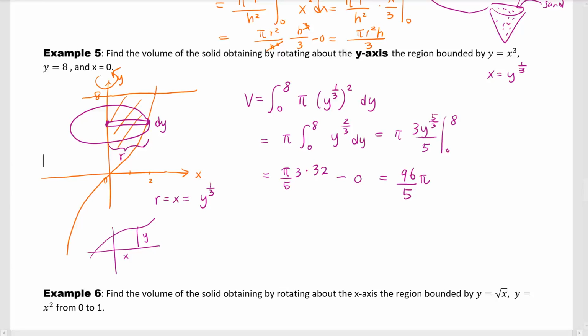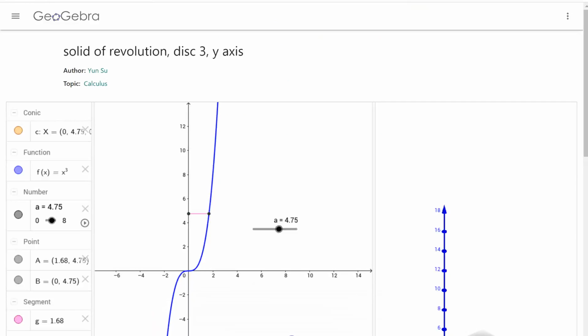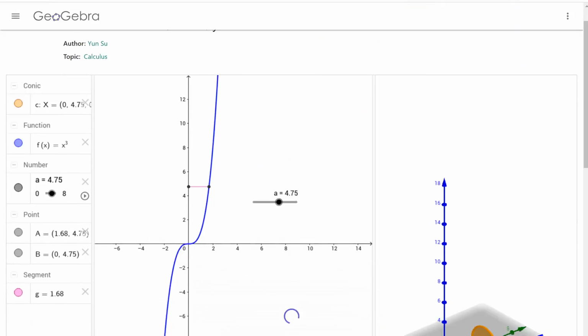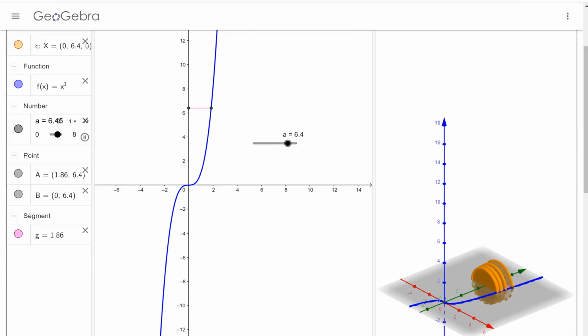All right, so let's come back to our course website, and you can see example 5. This is the picture. See, we have the cubic function, and when the segment goes around, it's still loading. Give us more time. Okay. So you see, when the line segment goes around, we actually generate a solid.